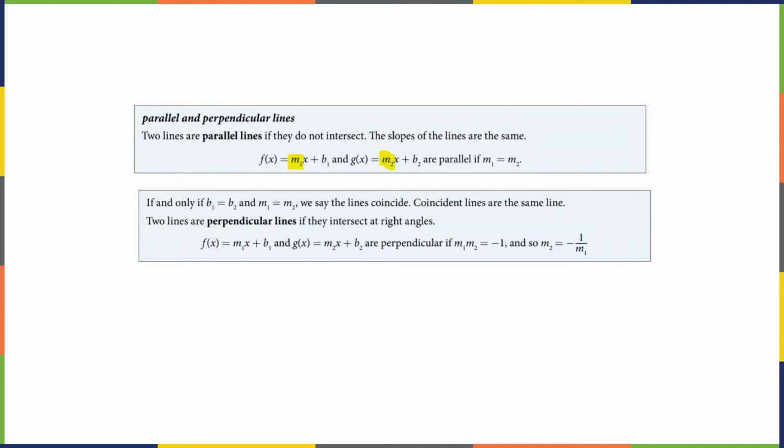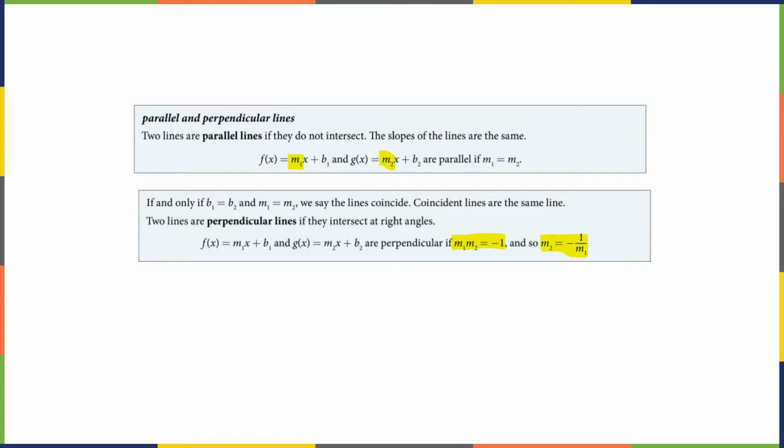On the other hand, if the two lines create a 90-degree angle, or are perpendicular, then we know their slopes are going to be negative reciprocals. So M1 times M2 equals -1 is one way to think about that. Or you can think of it as the second slope is -1 over the first slope.